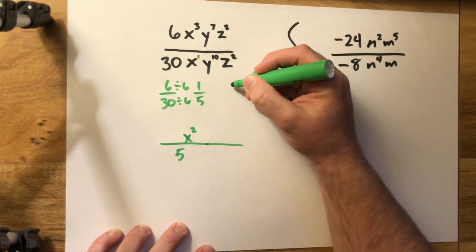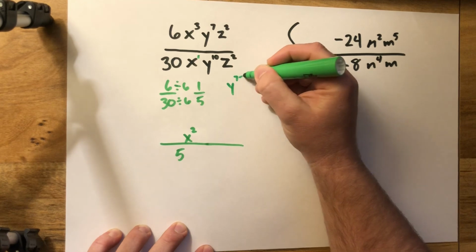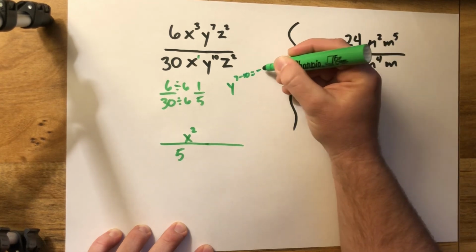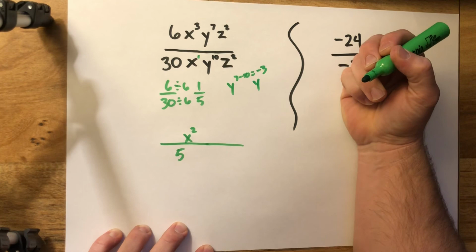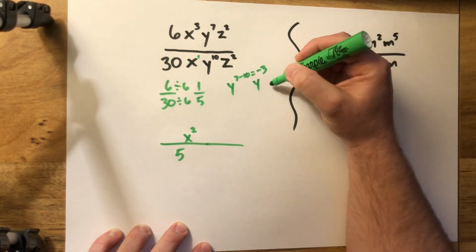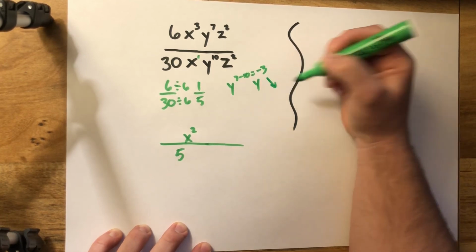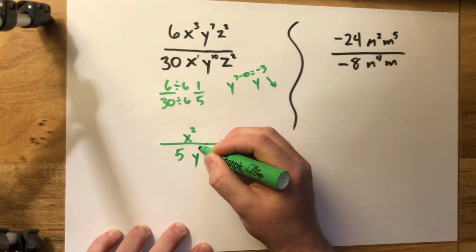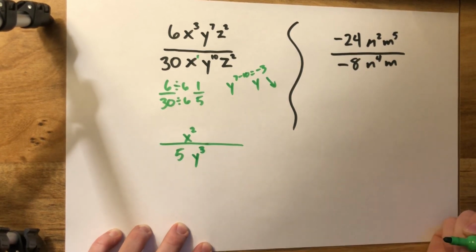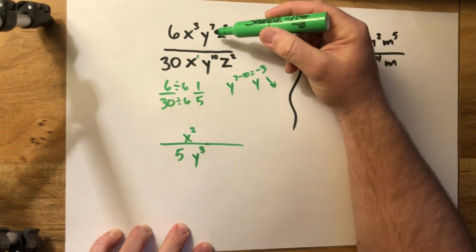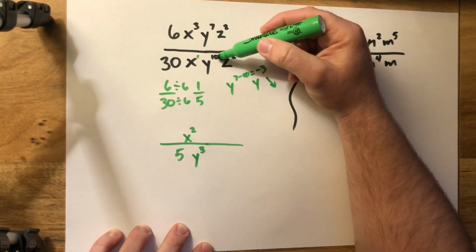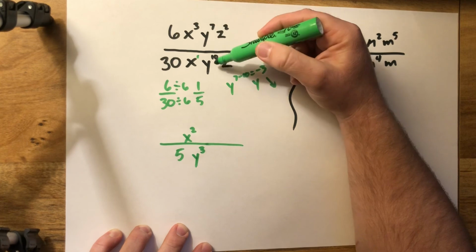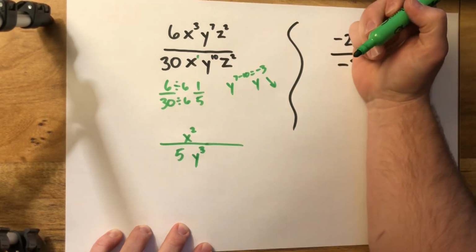Now, y to the 7 minus 10 equals negative 3, or y to the negative 3rd, which that negative then means it goes back to the bottom of the fraction, or the reciprocal, so it becomes positive y to the 3rd on the bottom of the fraction. You could also think about it as 7 on top, 10 of them on bottom, 7 would cancel out, leaving still 3 on the bottom, or the denominator.